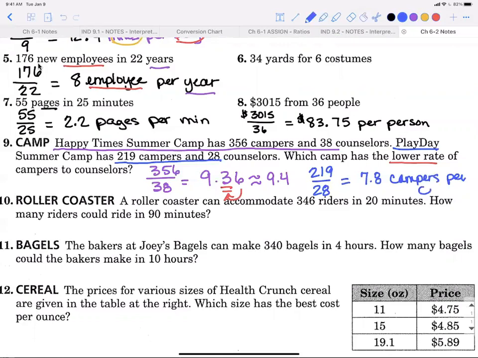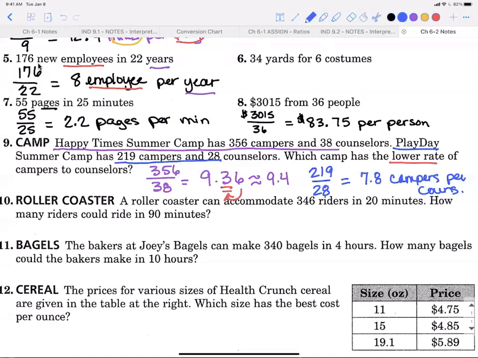So the question was, you always have to look at the question of each problem. Which camp has the lowest rate of campers to counselors? We're not actually asking how many campers. We're tallying a ratio so that we can answer a question.